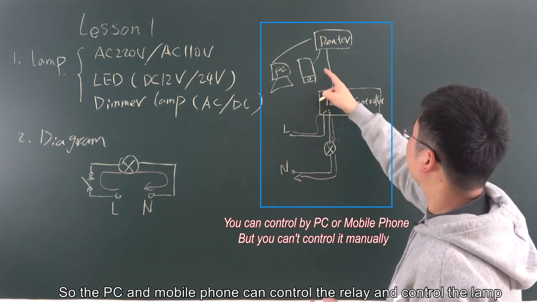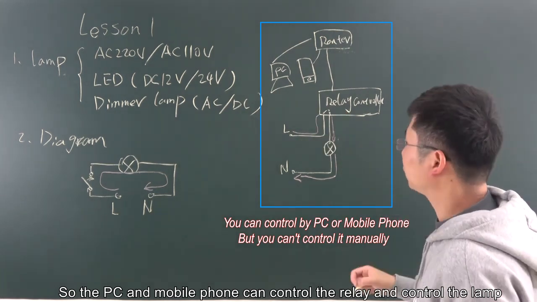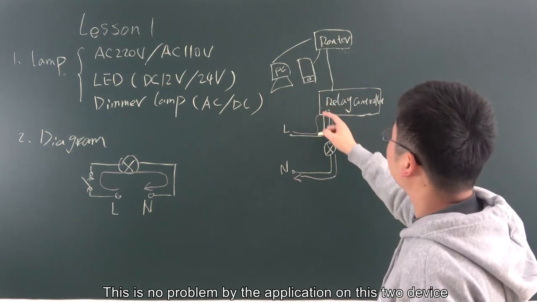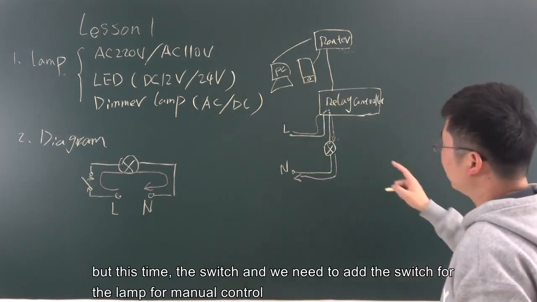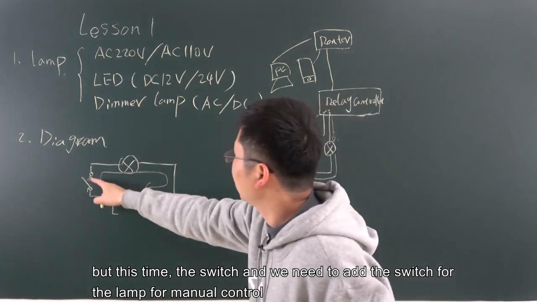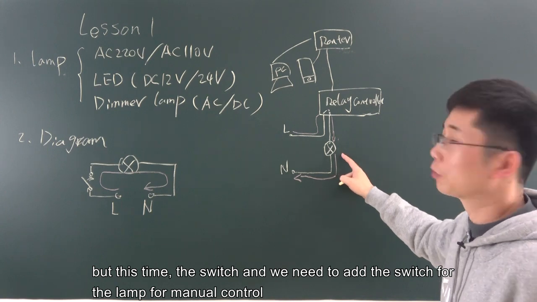So the PC and the mobile phone can control the relay and control the lamp. This is no problem by the application on these two devices, but this time for the lamp we need to add a switch for manual control.